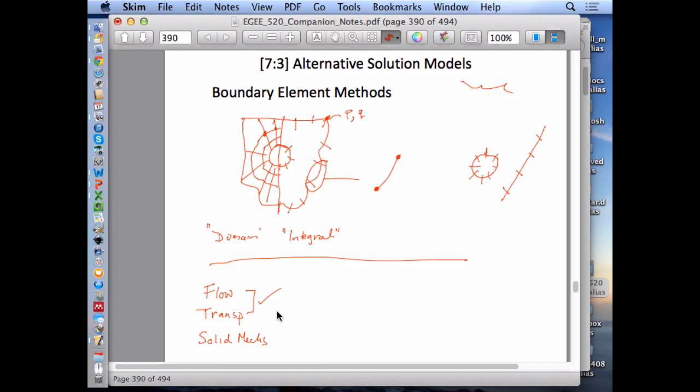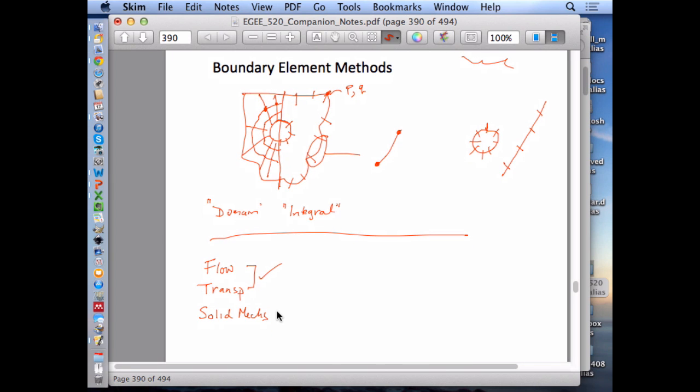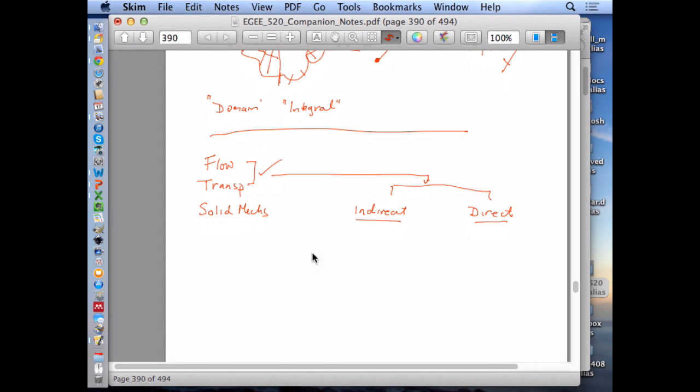We'll also make the case that they exist in two different forms. They're sometimes referred to as indirect methods and direct methods. And we will concentrate today on indirect methods. You'll see how they work.